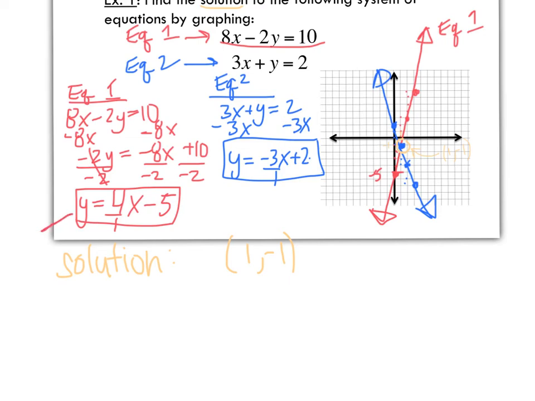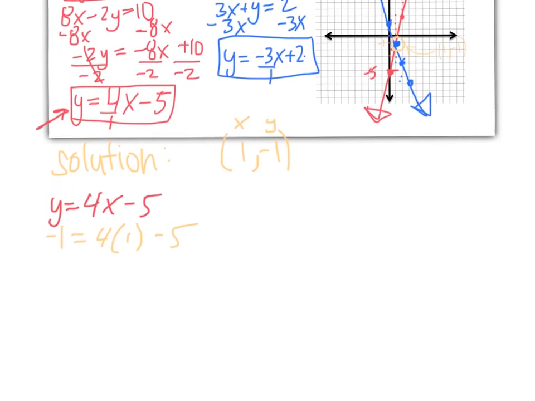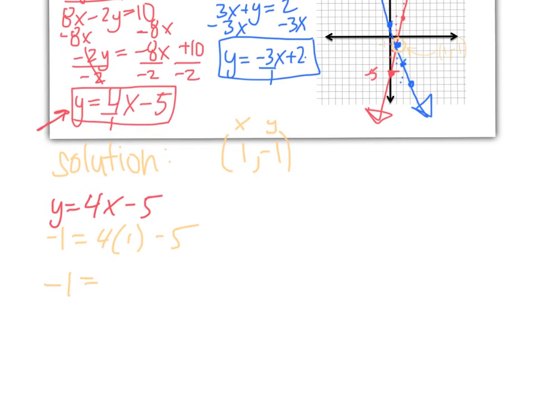Let me use this one actually right here. y equals 4x minus 5. Let's plug those numbers in. We get -1, this is y, equals 4 times 1 minus 5, where x is 1. So -1 equals 4 minus 5. -1 equals -1. So that's correct.